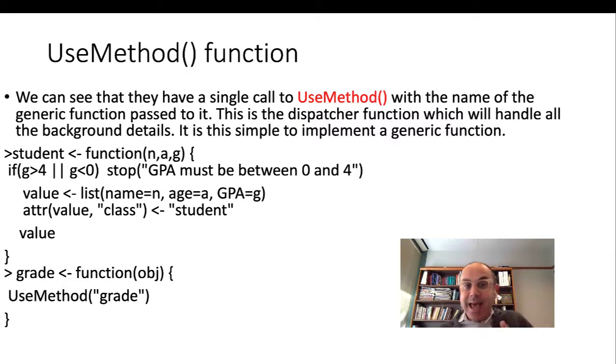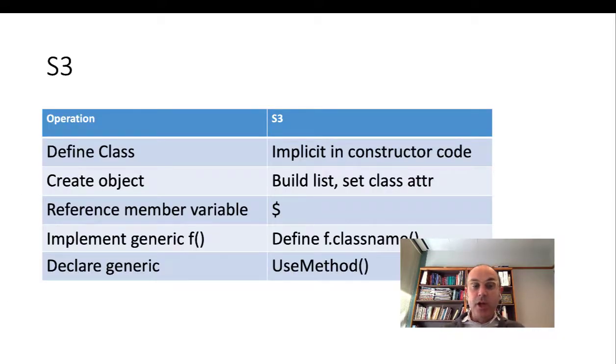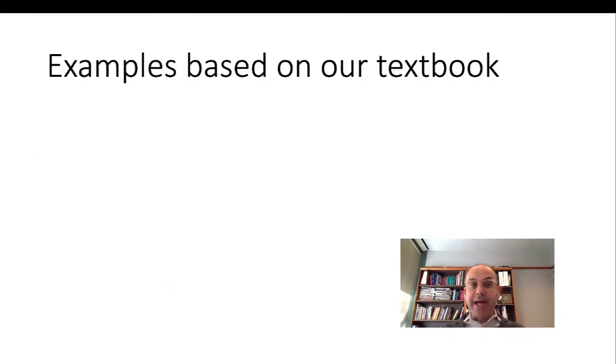What are the functions that we are using under S3? We are defining the class, we can create the object, we can refer to a member variable of the object, in this case with the $, and we can implement a generic function or declare a generic by using the UseMethod function. All that is part of the structure of S3.